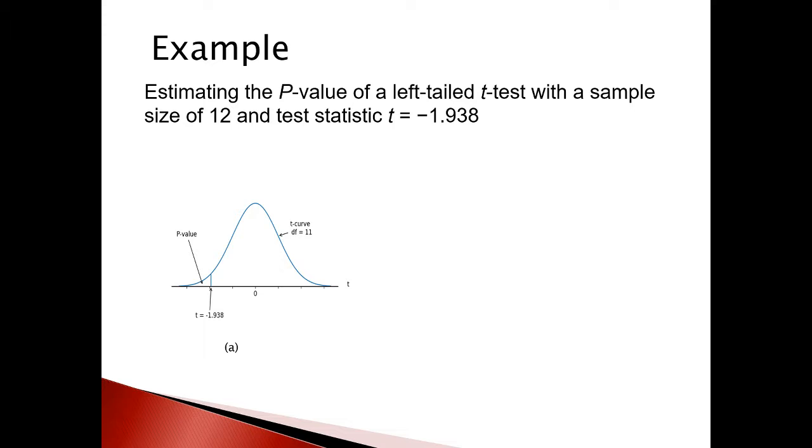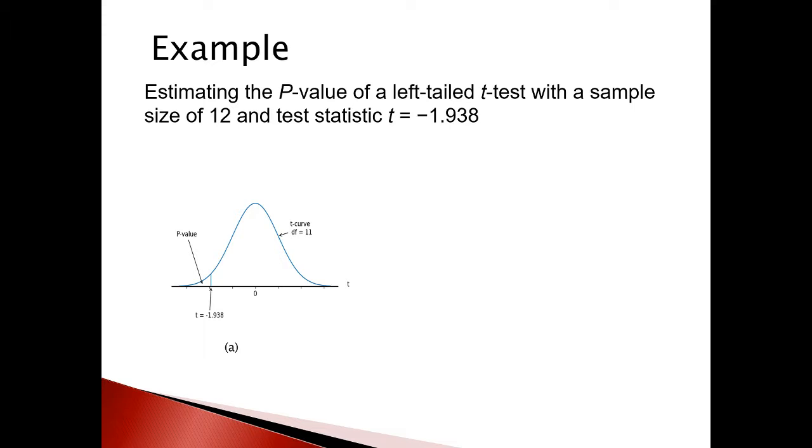We need to calculate how df equals 11. We know that df equals n minus 1. Here our sample size n equals 12, so we can easily calculate 12 minus 1, that is 11.